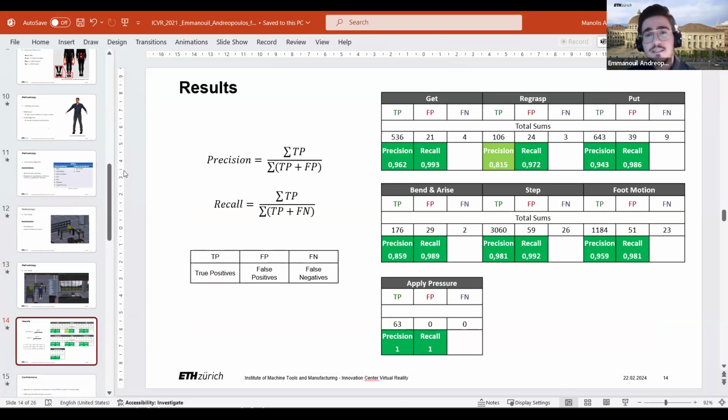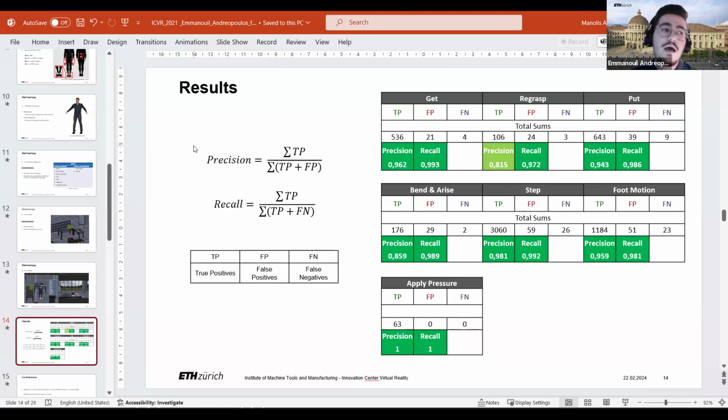During the user studies that were undertaken, we took the data, which were then post-processed in order to result in the true positives, false positives, and false negative actions, which we further use to calculate the precision and recall for all the predicted actions.